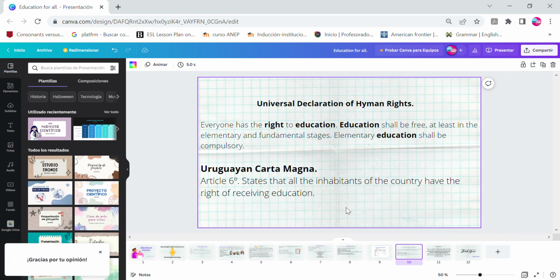So education is a human right. And in the Uruguayan Carta Magna, Article 6 states that all the inhabitants of the country have the right of receiving education. Again, if we think about both approaches working together, we see how we can make this human right possible.